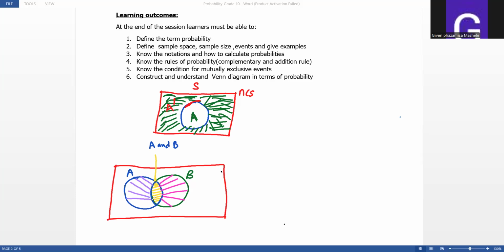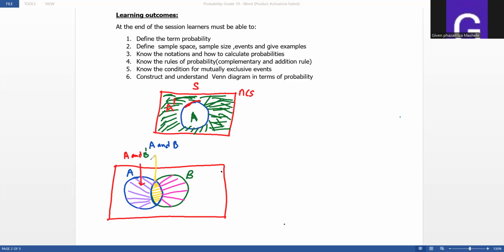So you see that at this part here, we only have A. There is no B. B is not there. So this area here is where there is A and there is no B. The B is not there, so it's going to be B not.